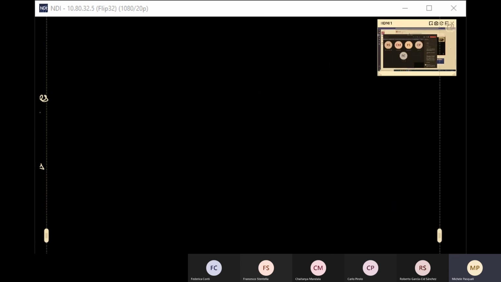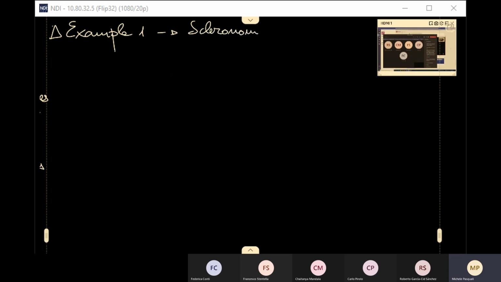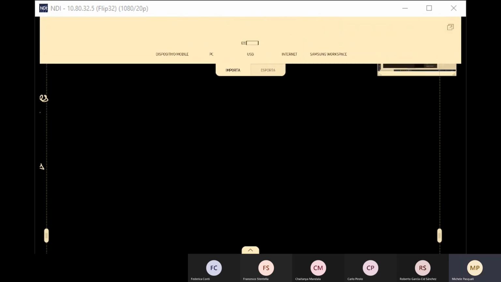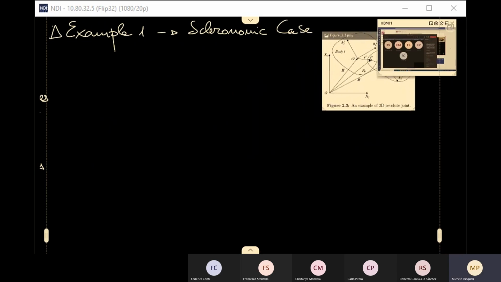So let's have an example 1 of a scleronomic constraint. And to do so, let's take into account this image here.